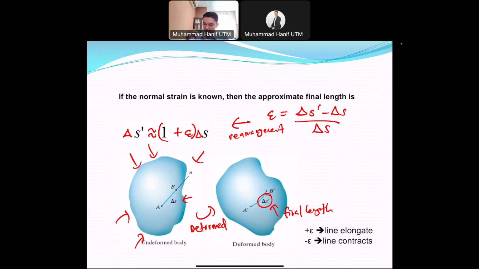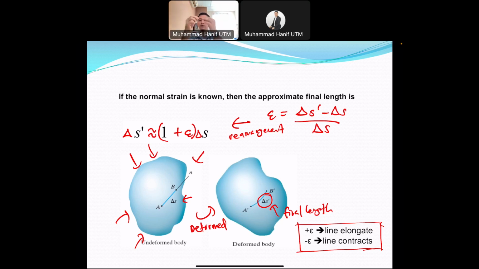The important thing that you should know is the sign. A positive epsilon indicates the line is elongated. Like the rubber band, when I pull the rubber band, the line elongates, and epsilon should be a positive value.